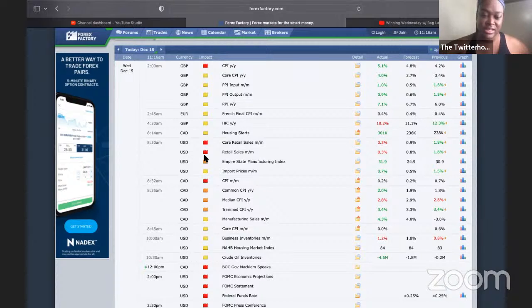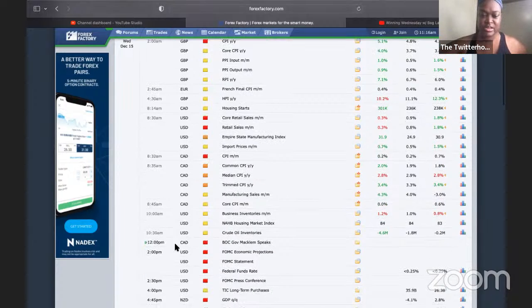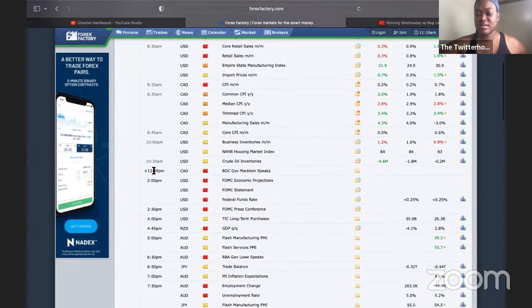But it's after 11 now. So we're here. Next red folder is going to be at noon our time, Eastern Standard Time, and that's going to be on the Canadian dollar. So we're in the clear for right now, but if 12 o'clock comes, we definitely should not be in any trade with the Canadian dollar.